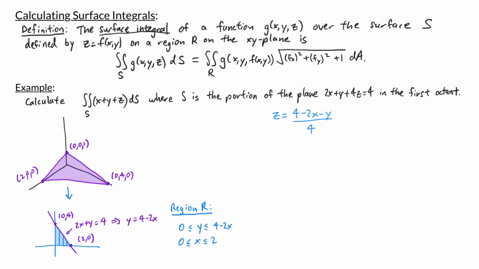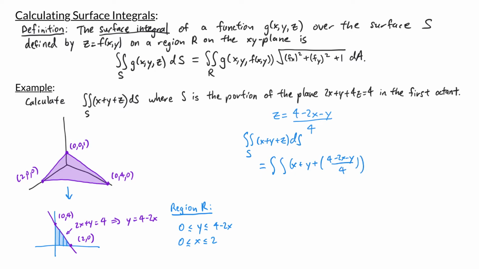So now I'm ready to set up my double integral. My surface integral, which is the double integral over S of x plus y plus z dS, can be computed as the double integral of x plus y, and then the z I'm going to replace with (4 minus 2x minus y) over 4.